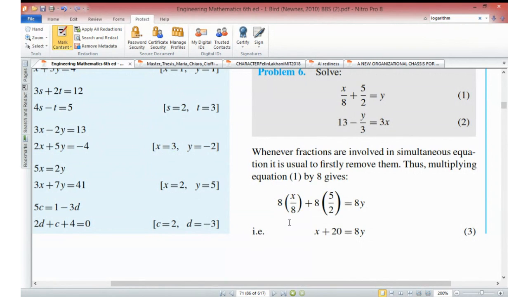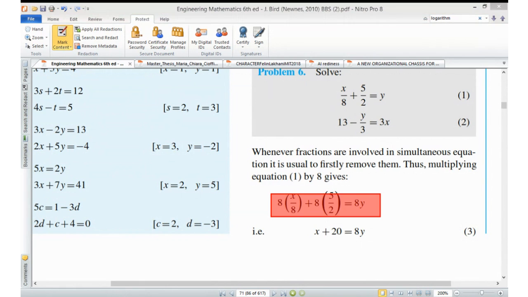So basically, if you look at what has happened here, the equation is being balanced.